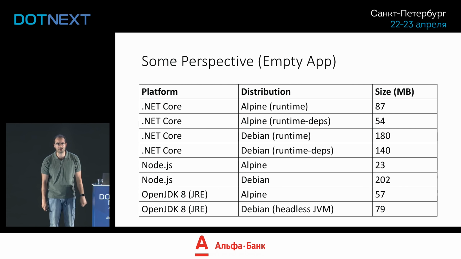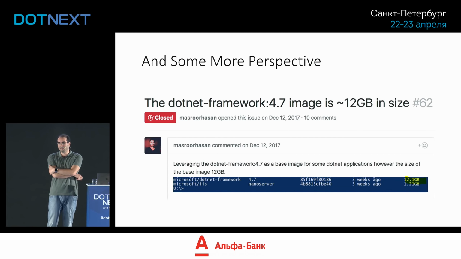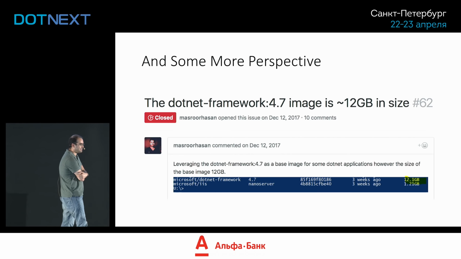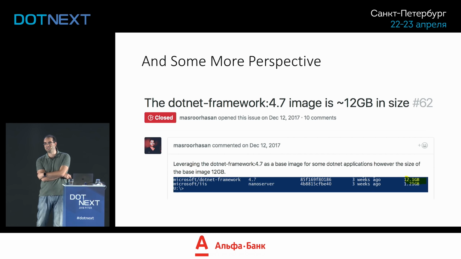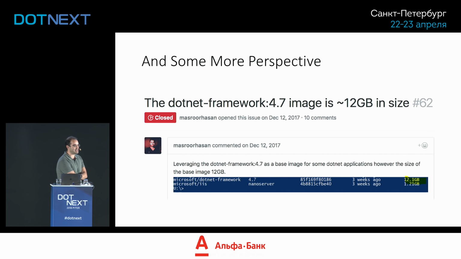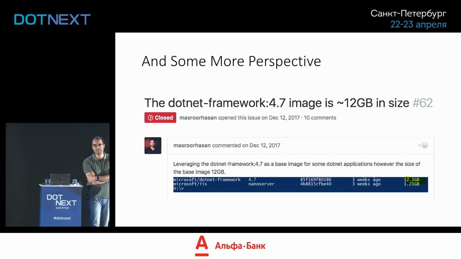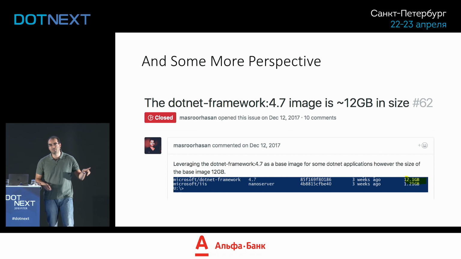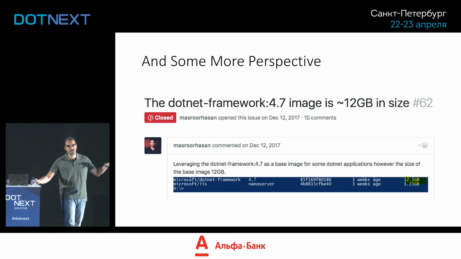One final thing to think about before we wrap up. This is the .NET Framework 4.7 Windows image. It's actually gotten a little smaller since then, but this is an issue from GitHub that complains it's 12 gigabytes in size. So we now have 4 orders of magnitude in size between the .NET Framework Windows Server image and the Alpine self-contained image, which was 54 megabytes.